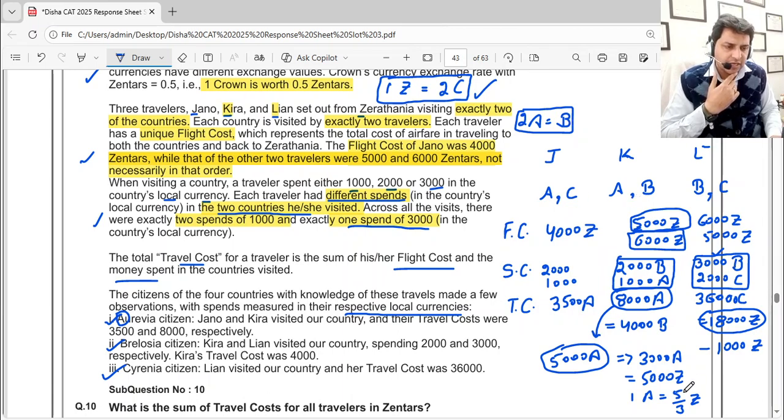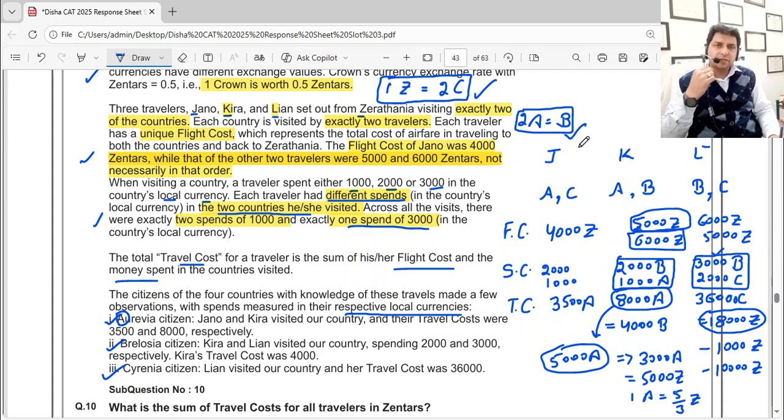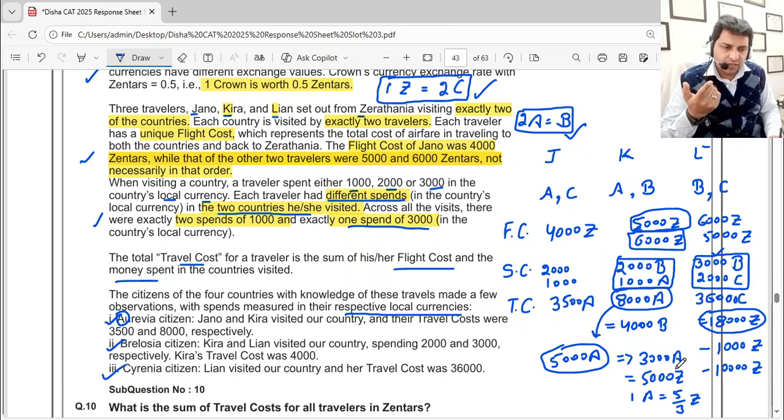See it carefully. This 3000 B, using this equation, becomes 3 into 2, 6000. Now 6000 A, if I multiply to convert that into Z, 6000 into 5 by 3, that becomes 2 into 5, 10,000. So if I subtract all that, I get 7,000 Z.